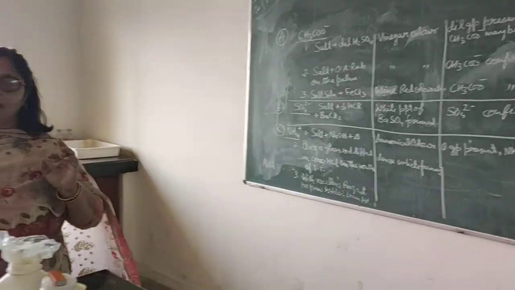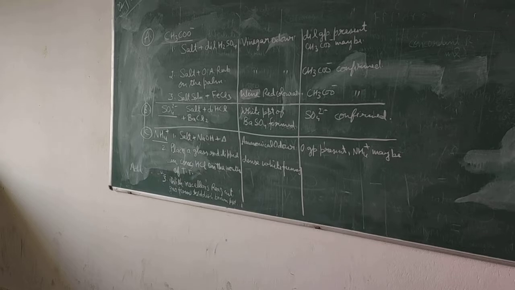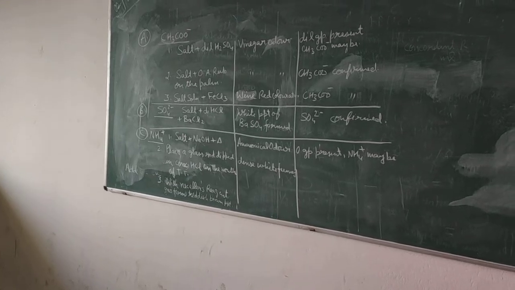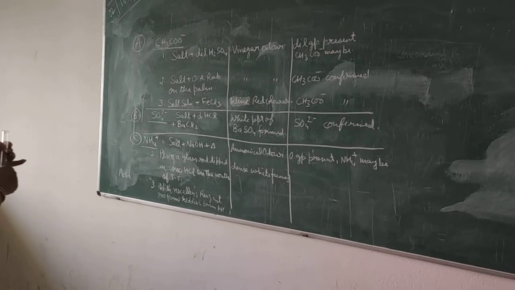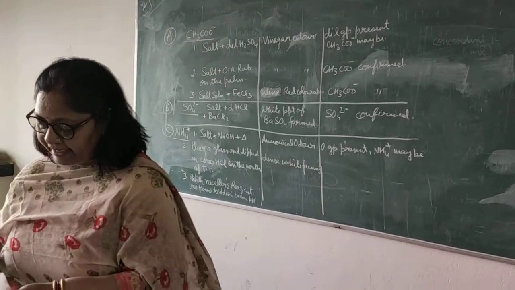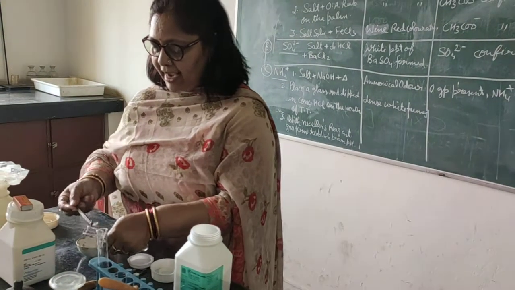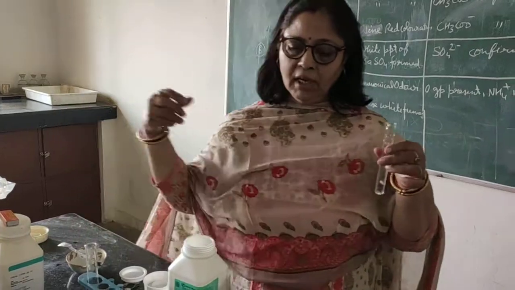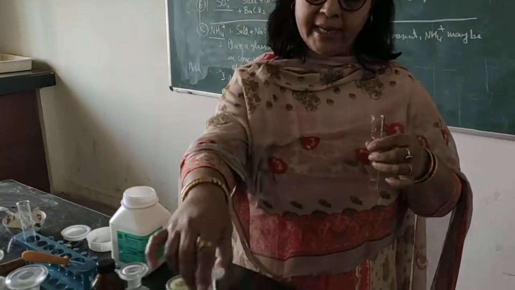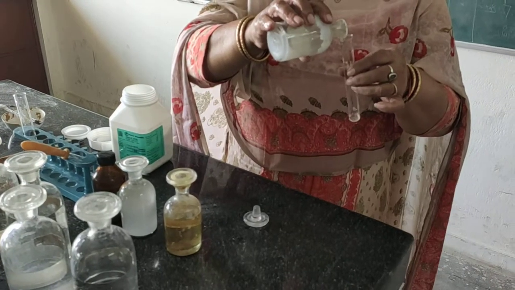Now we take the second salt. But before the second salt, in the same salt, the ammonium cation is also present. So now the test for ammonium. In the case of an ammonium salt, again we use some amount of this salt, then add NaOH to it.